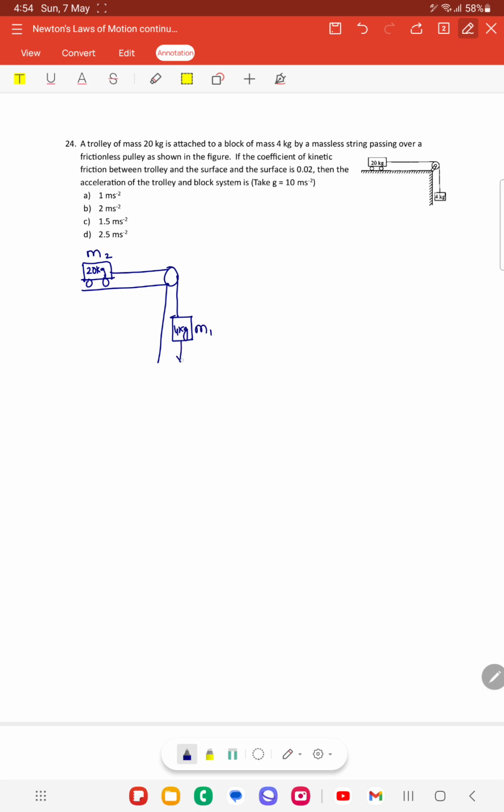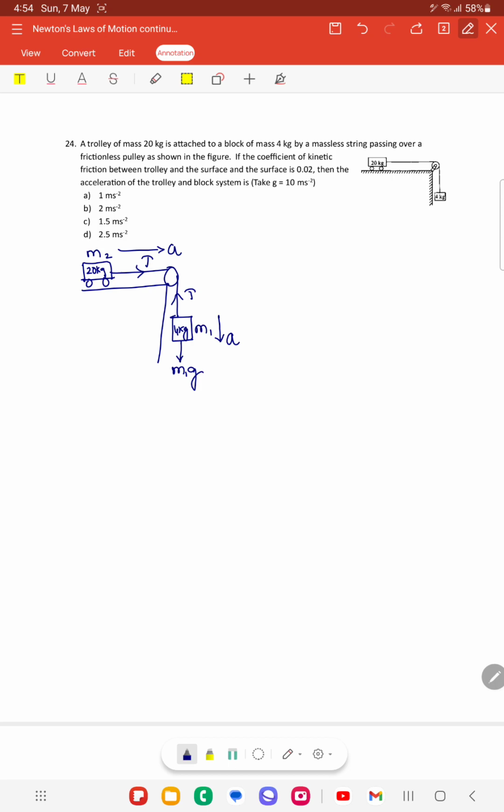Here the weight acting vertically downwards is m1 into g. The tension acts towards the support, that is T. The acceleration is downwards. If you consider the mass m2, the tension again acts towards the support, the tension is T, and acceleration acts towards the right direction.